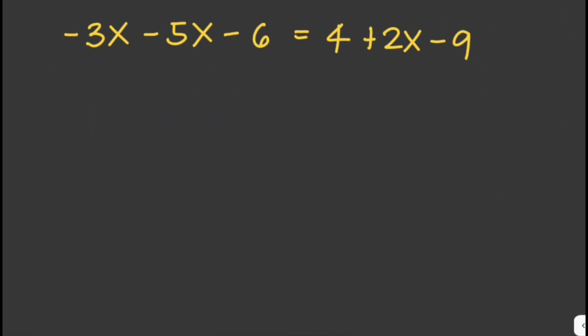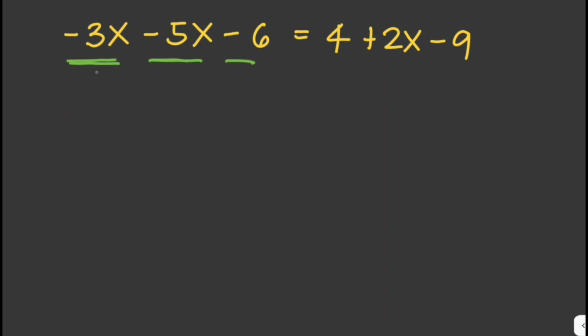Okay, we're given this equation here, and let's identify and verify whether this equation is conditional, identity, or inconsistent. We just have to simplify the expression on the left and the expression on the right. So on the left, we have -3x minus 5x minus 6. We just have to group like terms. -3x and -5x are like terms, so we can just simply add them up.